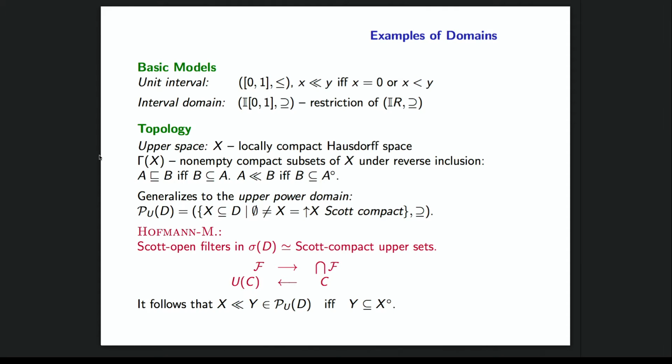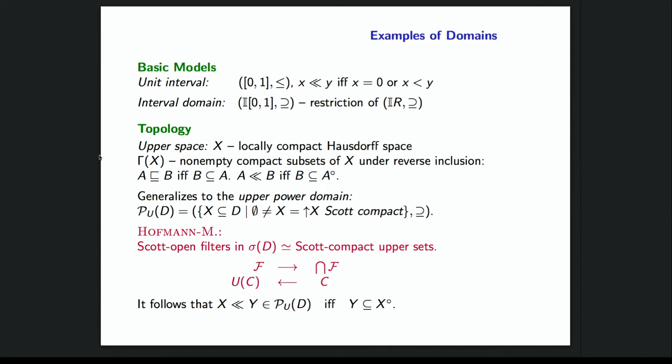Well, if you take a family of open sets, that's an upper set, that means any open set in there has the property any larger open set's already in there. And the filter property says if you take two open sets in there, the intersection's in there. Then what are the Scott open filters? Those are the ones where if you have an increasing family of open sets and the union gets in the filter, then one of them's in there.